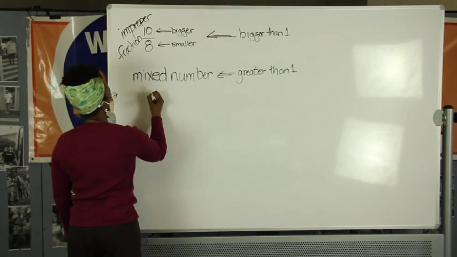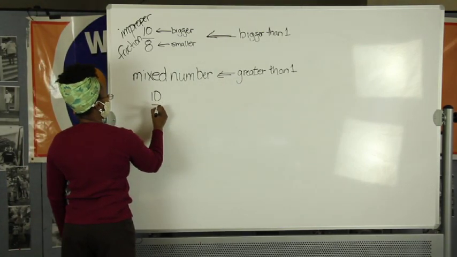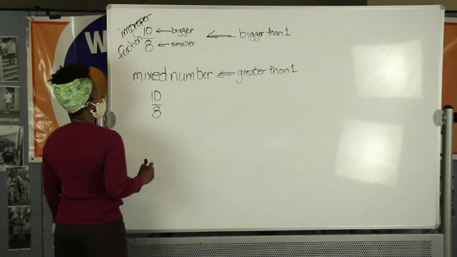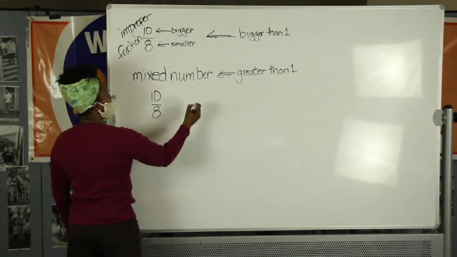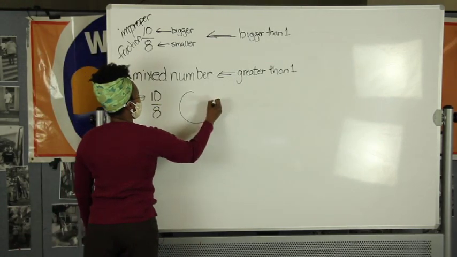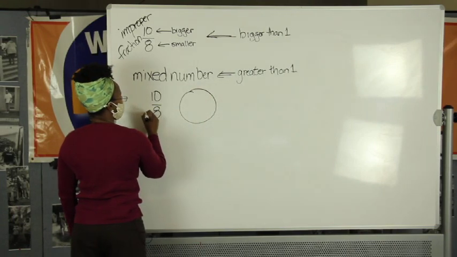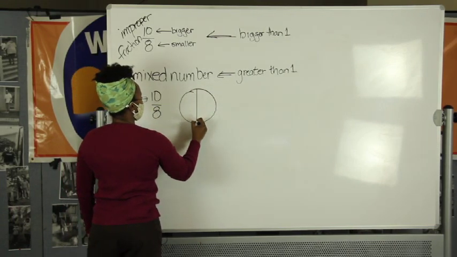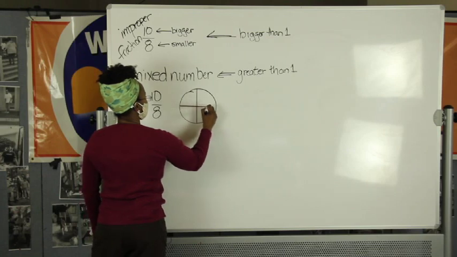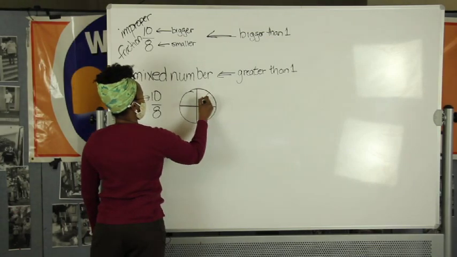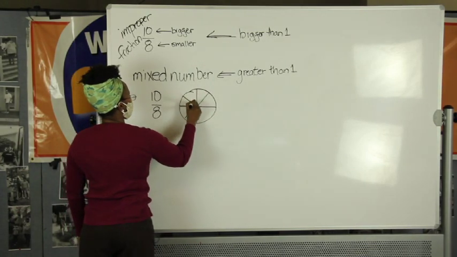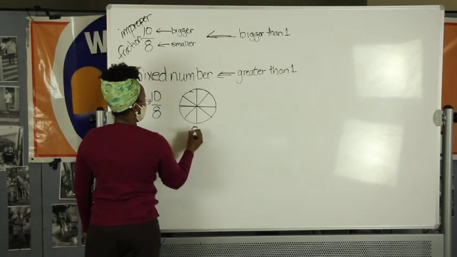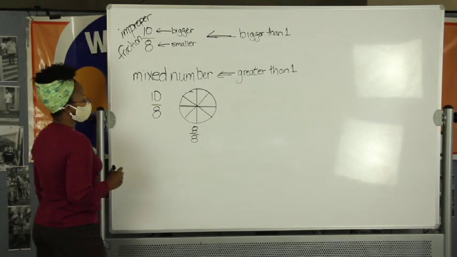So how we do this, let me put 10/8. Okay, so we drew 10/8 like this. Definitely looking at the denominator, we're going to do a representation of a whole, which is going to be 8 over 8.